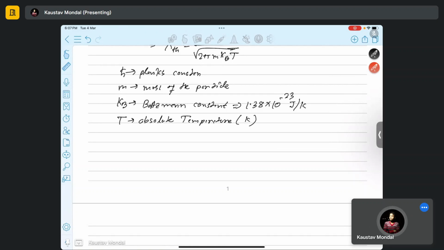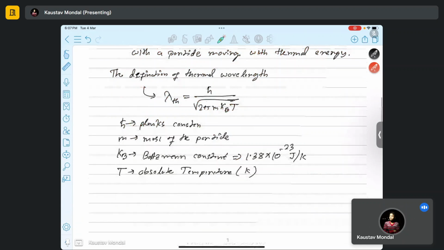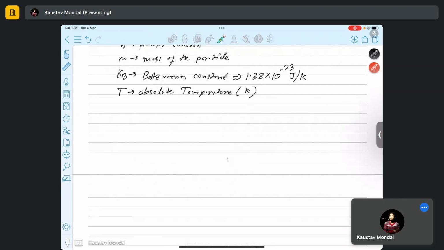So let's suppose any particle is at a thermal temperature of T Kelvin, then the quantum mechanical wavelength associated with the quantum mechanical nature of the particle is given by this expression. This is known as the de Broglie wavelength or thermal wavelength of a particle.